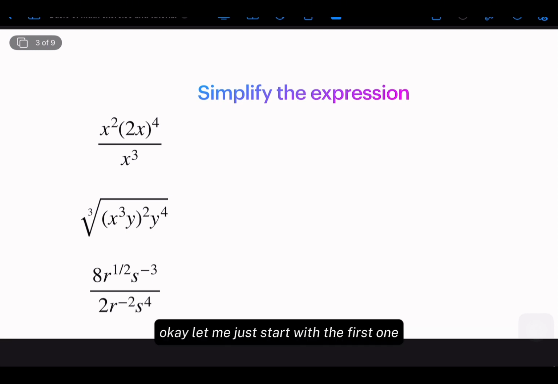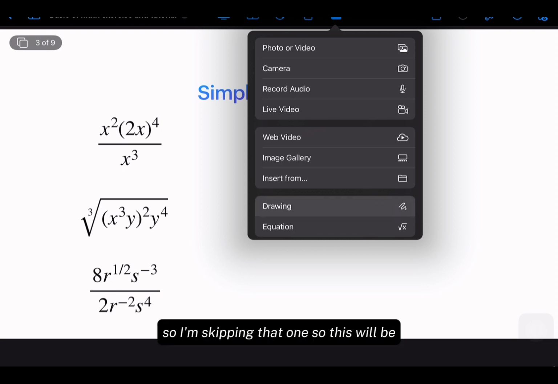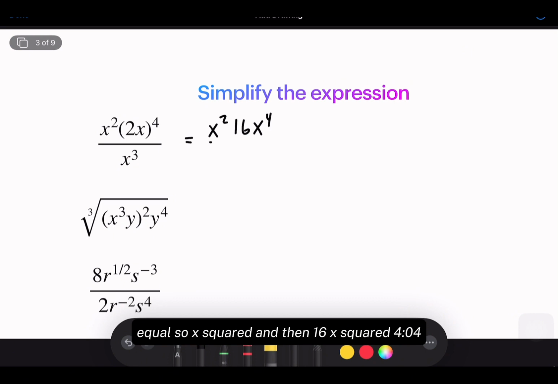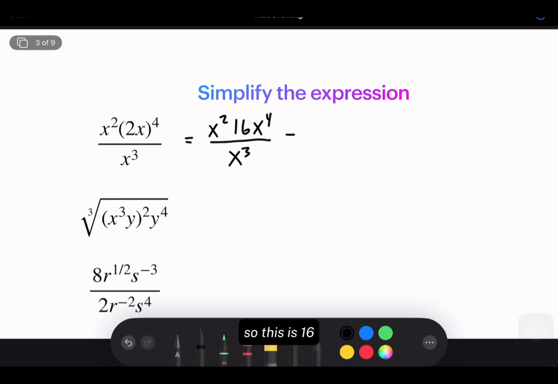Okay, let me just start with the first one. So I'm skipping that one. So this will be equal, so x squared, and then 16 x with power of 4. So this is 16. 2 plus 4 minus 3, which means 3, right?